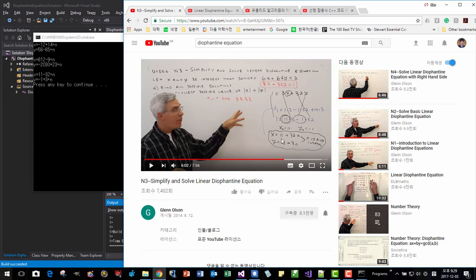Here, 11 minus 32n plus 32n, minus 1 plus 3n, minus 3n. The plus and minus signs are actually swapped, different from mine, but the result of my algorithm is actually the same as I explained in the theory.